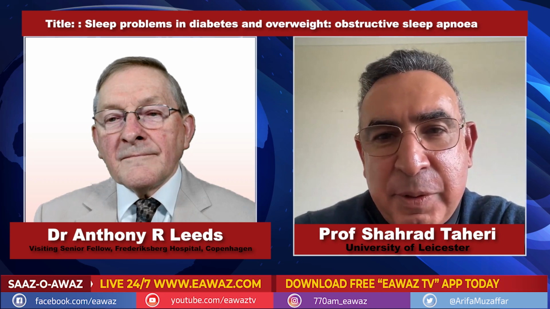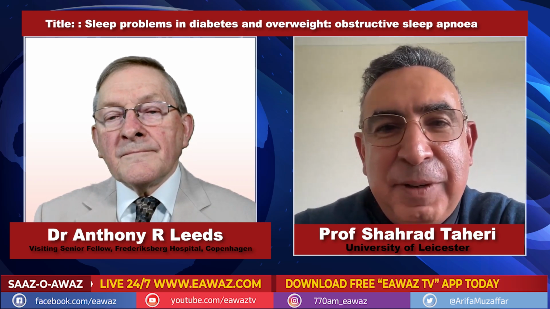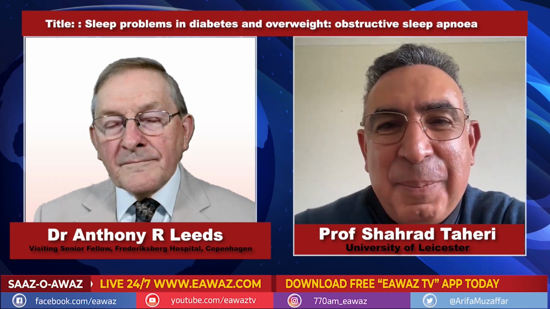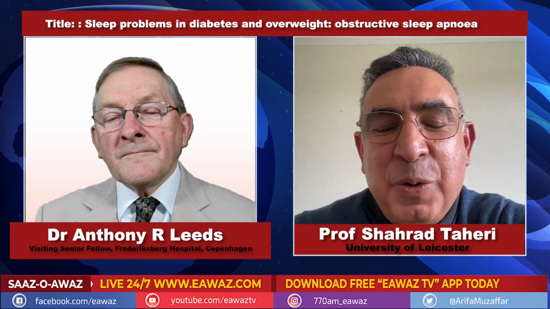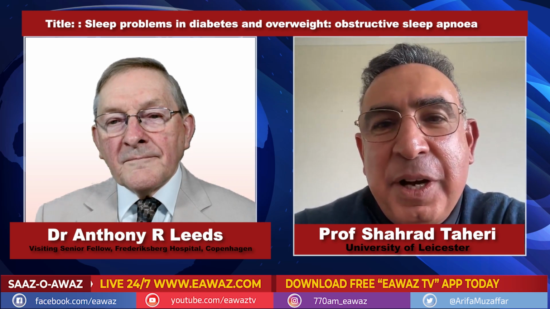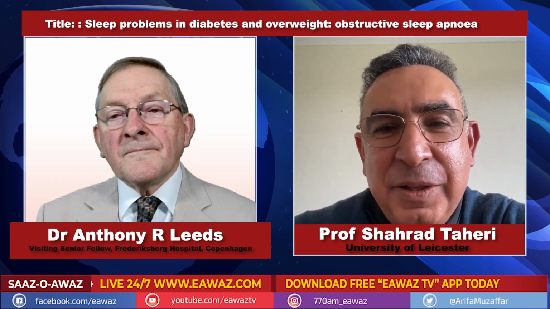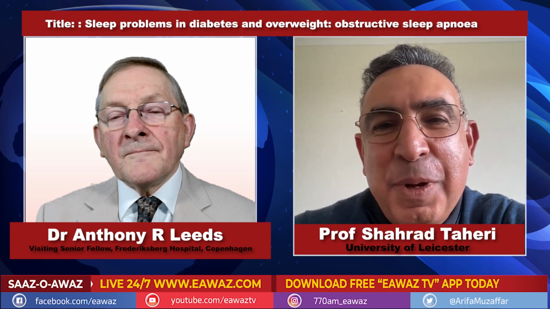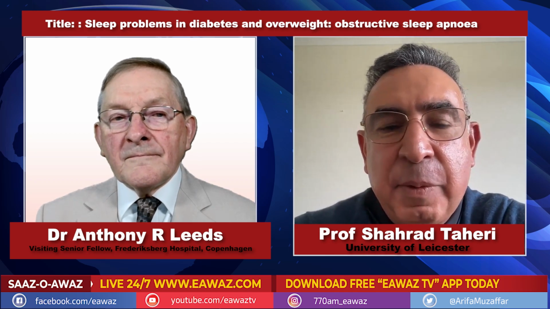Another part of sleep is called rapid eye movement sleep, when your eyes flick from side to side. And we know during rapid eye movement sleep, your body is basically paralyzed apart from your diaphragm and your eyes. So apart from breathing, all the muscles are basically relaxed, what we call atonic.